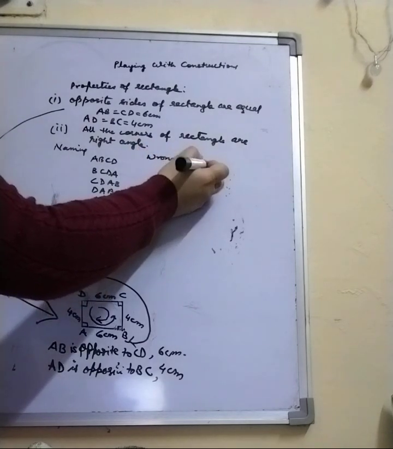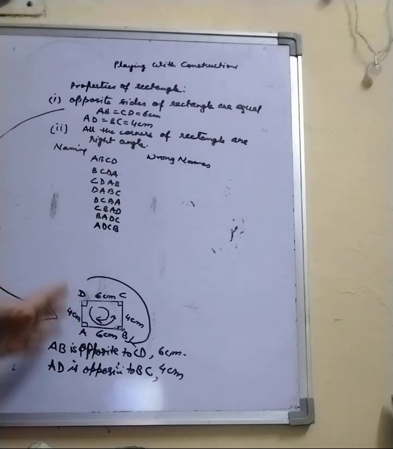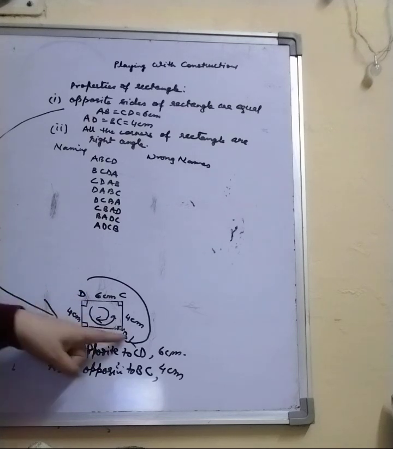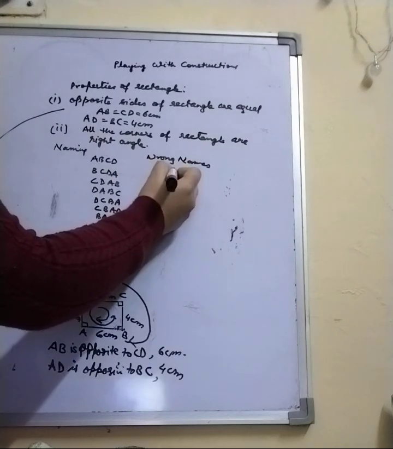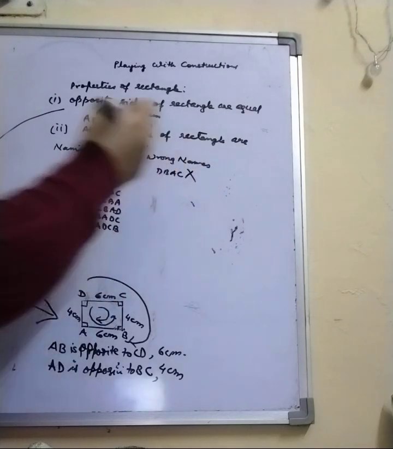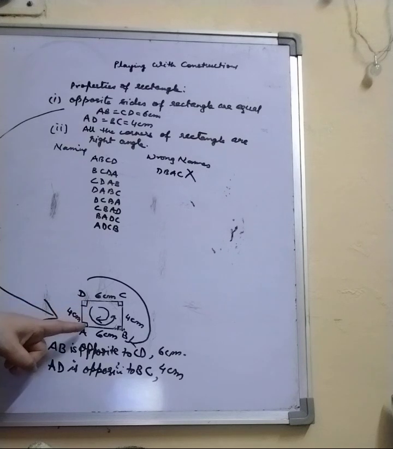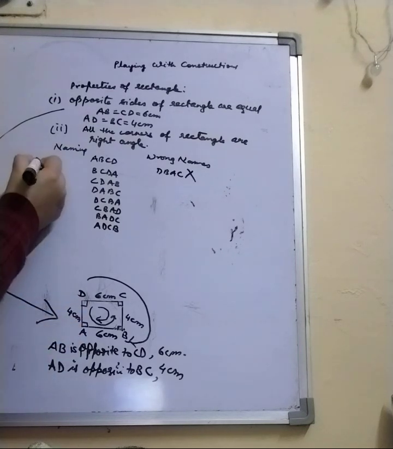Okay, now if I ask you what are the wrong names, so what would you pick? Any other except all these are wrong. So say DBAC. This would be wrong. DBAC is neither clockwise nor anti-clockwise. Okay, are you understanding clockwise? Clockwise means how the clock runs.